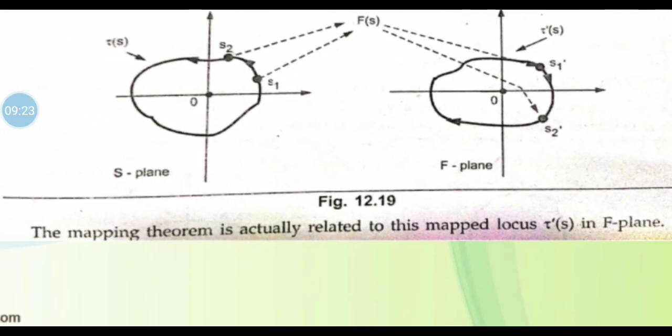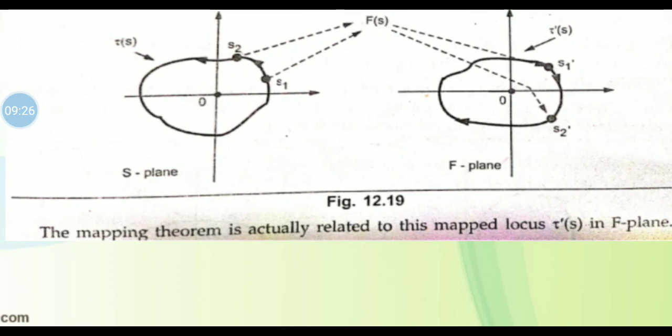So this mapping theorem is actually related to this mapped locus Γs dash in the F plane. Now we'll see the statement of the mapping theorem. It states that the mapped locus Γs dash encircles the origin of the F plane as many times as the difference between the number of zeros and poles of f(s) which are encircled by Γs path in the s plane.